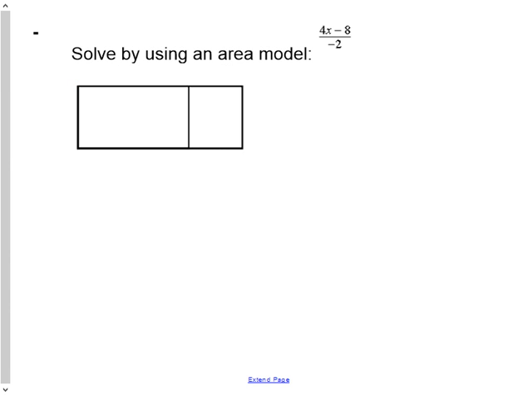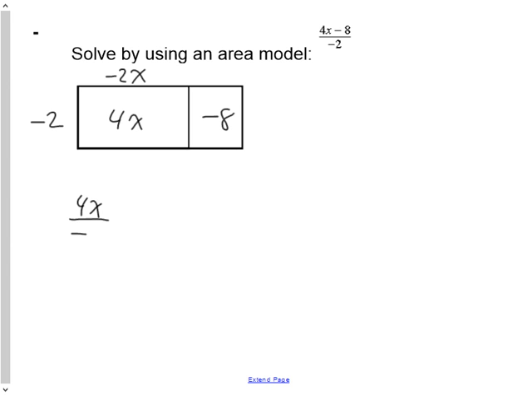Your next question, you're given a division, and you can still use the same thing, except now our area is going to be this, a 4x and a negative 8. And our width is going to be negative 2. So when you do this, you could actually do two things. You could say what number times negative 2 is 4x. That's one way to approach it. And in this case, it would be a negative 2x.